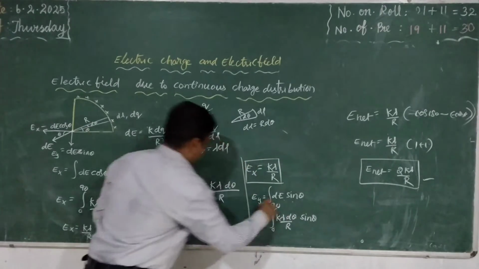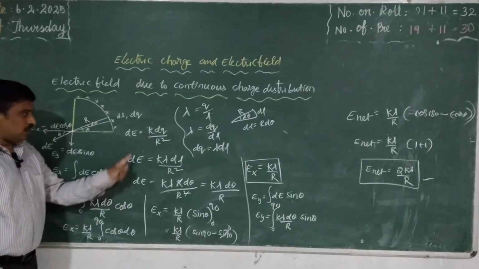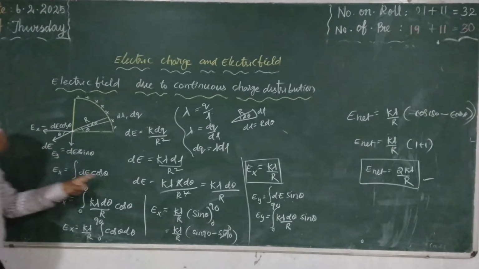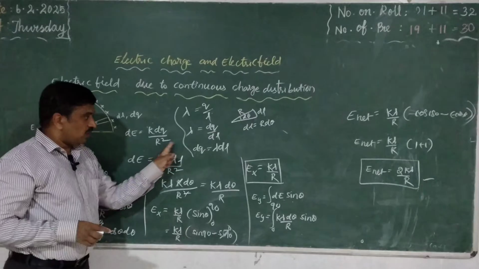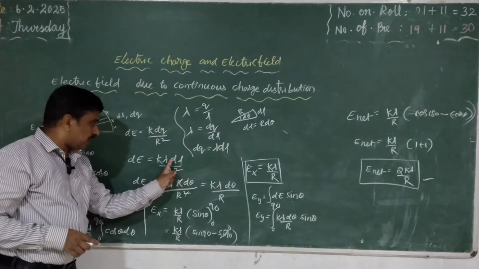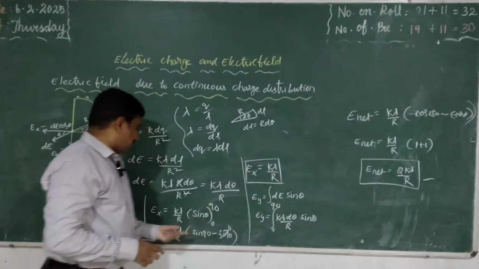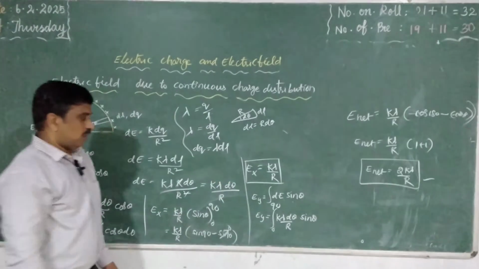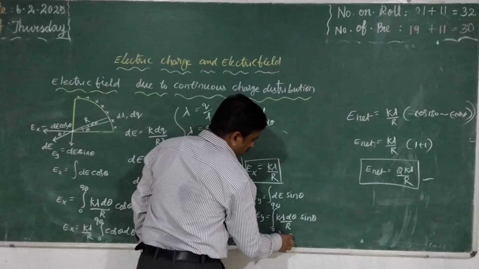How do we get k lambda d theta by r? dE equal to k dq by r square, dq means lambda dl, dl means r d theta, r cancels, we get k lambda d theta by r. Here I write k lambda d theta by r sin theta.